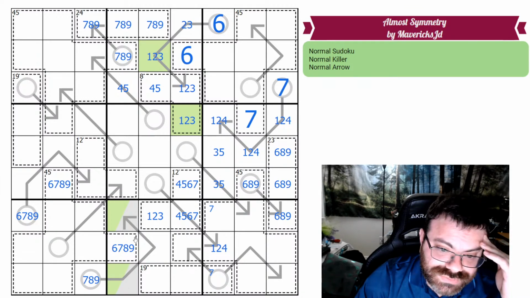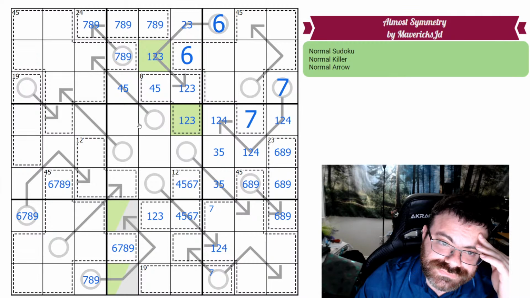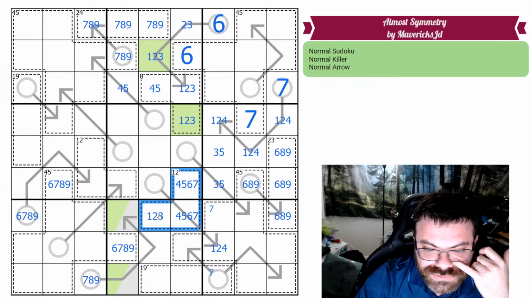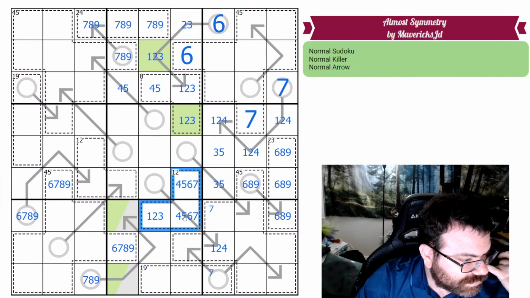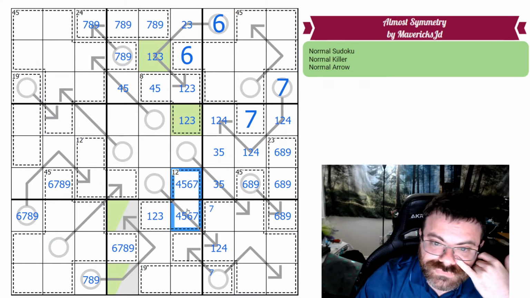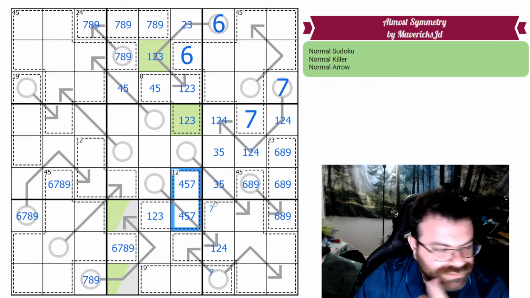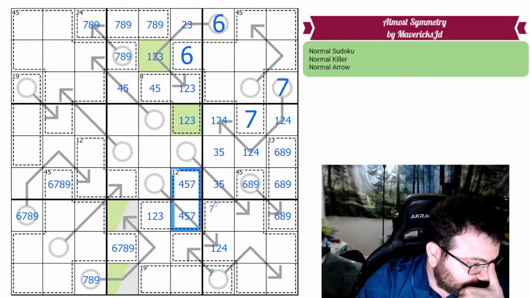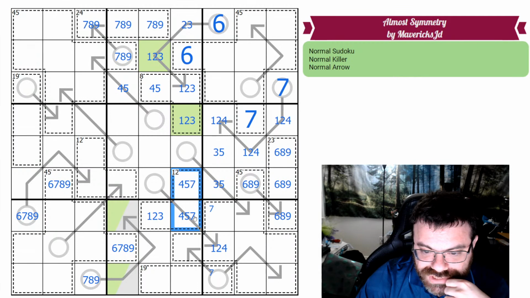There's no 6 in the 12 cage. Which 12 cage are we talking about? This one? Oh, because there's a 6 above. Okay. And it can't be 5, 7.